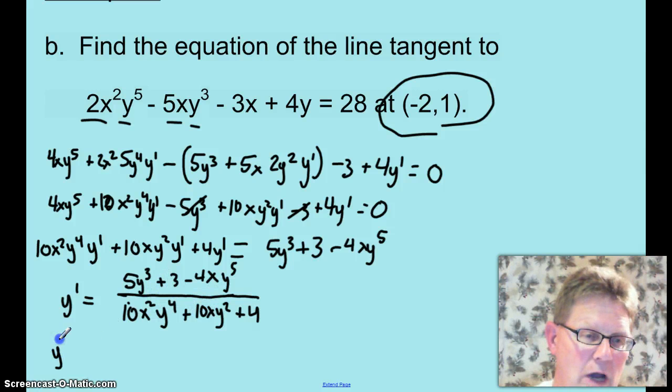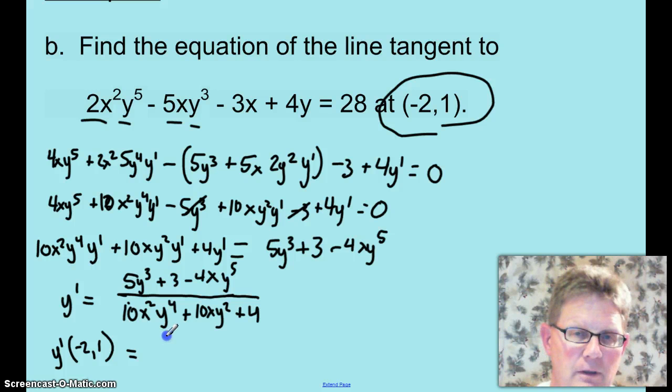So now we got to find y prime of negative 2, 1, and now we get to substitute all that in. Yippee skippy. So 5 times 1 cubed plus 3 minus 4 times negative 2 times 1 plus 8, all over 10 times 2 squared, that would be 40, plus 10 times negative 2, negative 20, plus 4.